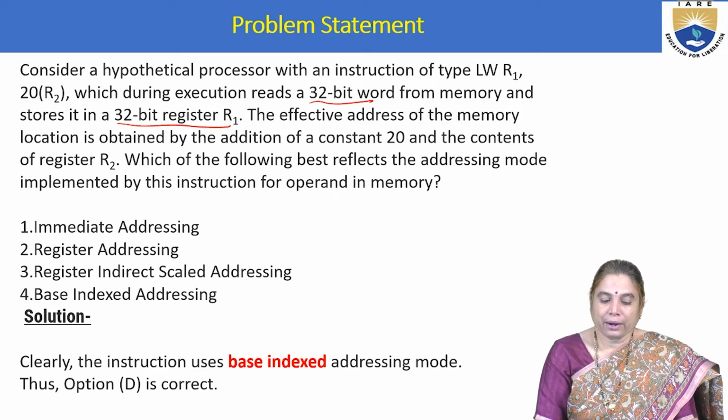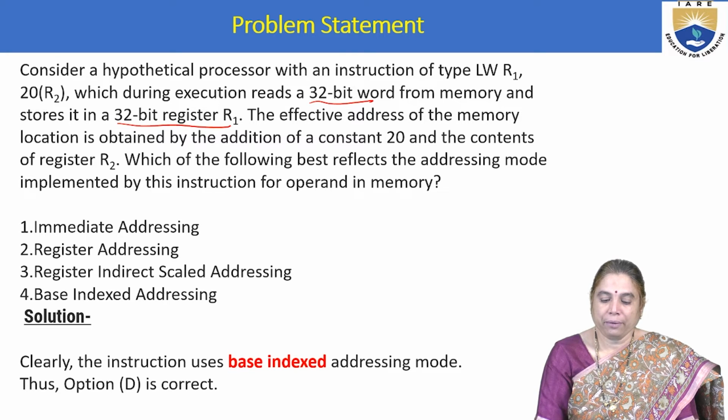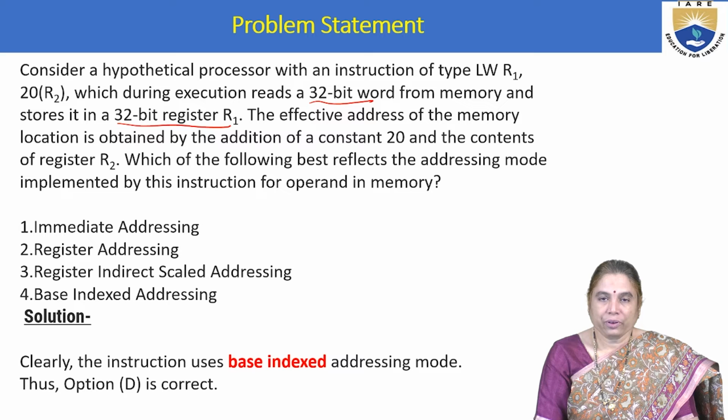The effective address of the memory location is obtained by the addition of a constant 20 and the content of register R2. Which of the following best reflects the addressing mode implemented by this instruction for the operand in memory?